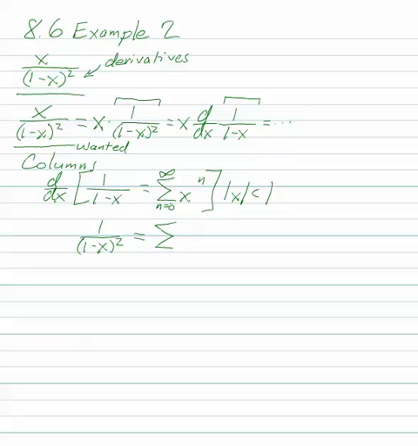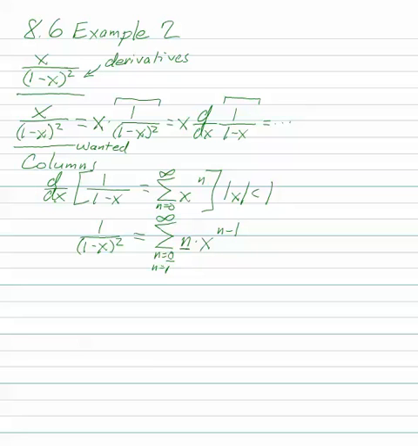I take the derivative of each term. The derivative of x to the n is n times x to the n minus 1. Now you can say from n equals 0 to infinity, or you can notice that when you plug in a 0, the first term is 0 because of this n. So you could also start at n equals 1. That's personal preference. The book will start at 1 to say the 0 didn't matter. We're going to leave it out.